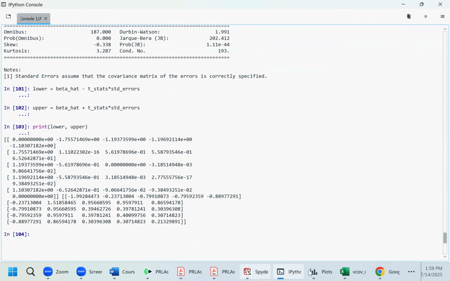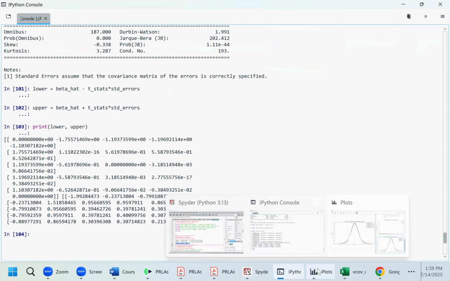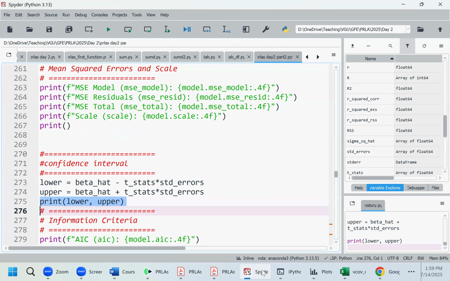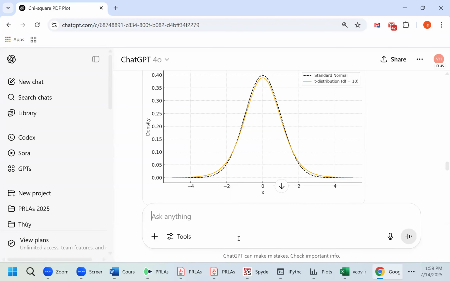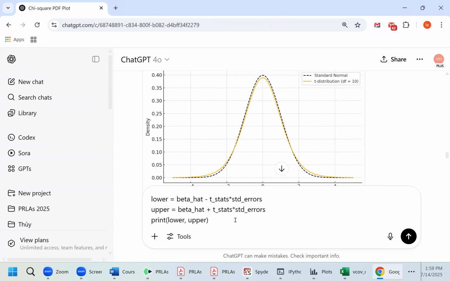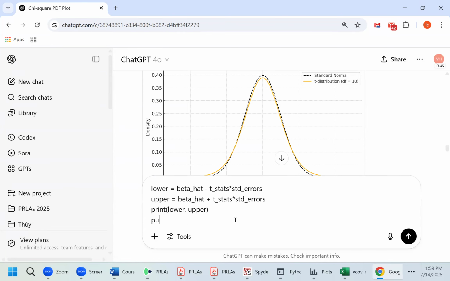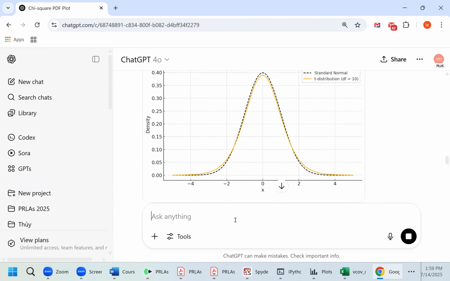So let's say if we are lazy, then we just go to ChatGPT and say, put them into a data frame, so I can print them as columns, right?